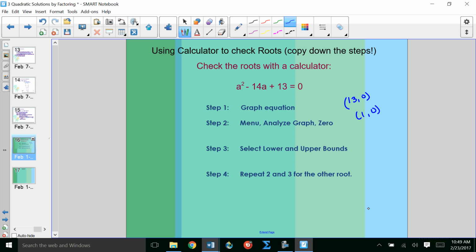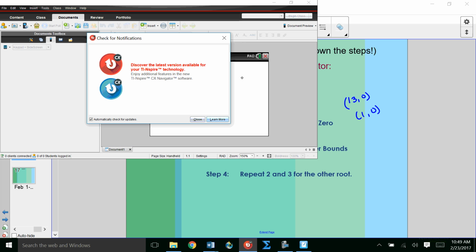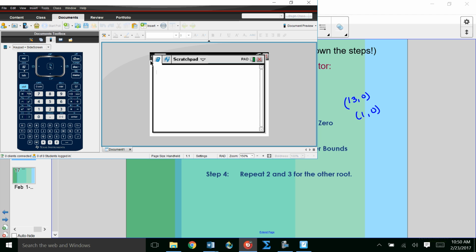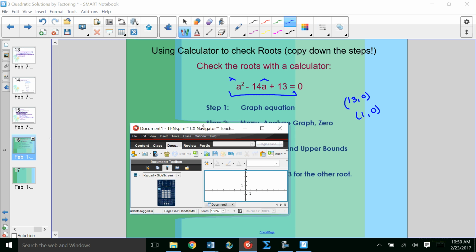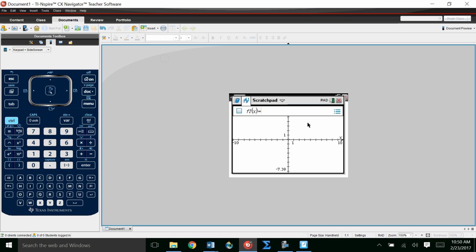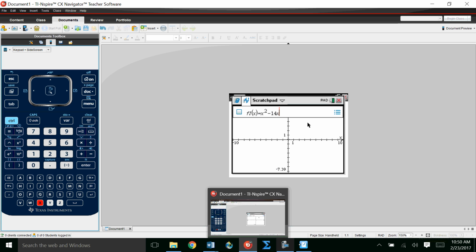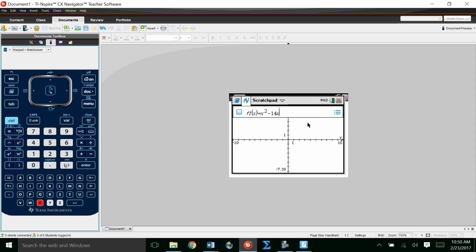Wait for it to come up. We would start by graphing this equation, just graph with x's for the a's. And once we graph, so let's come over here, we would graph our equation as x squared minus 14x, and I believe plus 13.